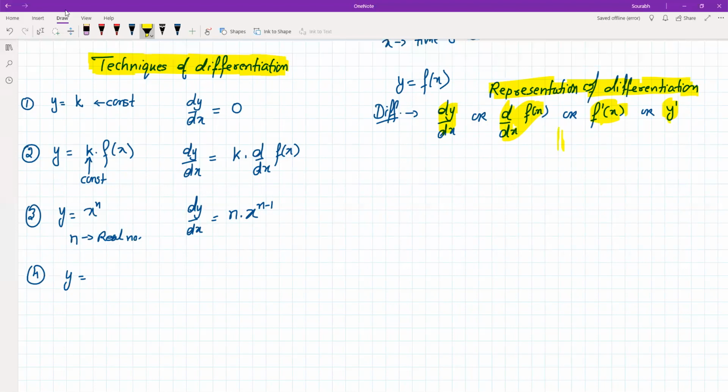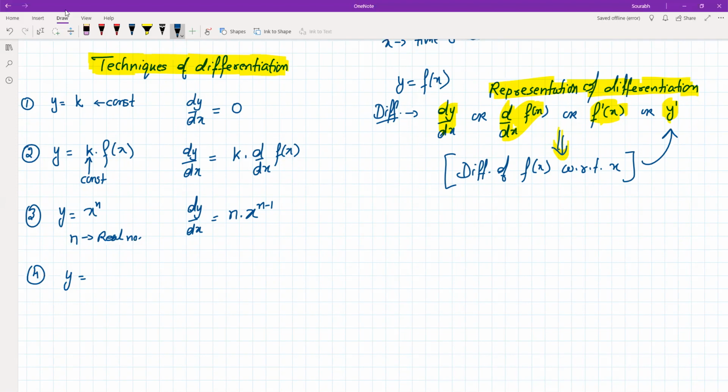All of this represents a single thing, that is, differentiation of f of x with respect to x. So instead of writing this entire thing, of all these four I'll prefer this one, because this is the smallest representation. It's just a representation, nothing else. Is it clear? Yes, sir.